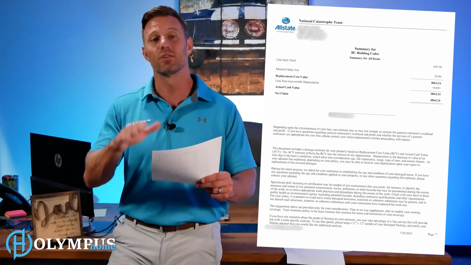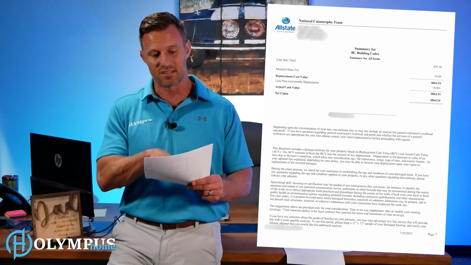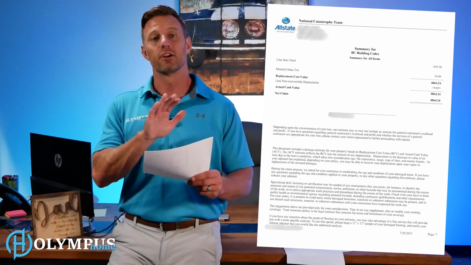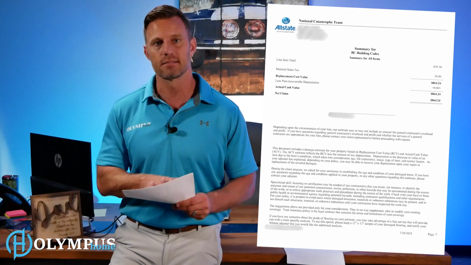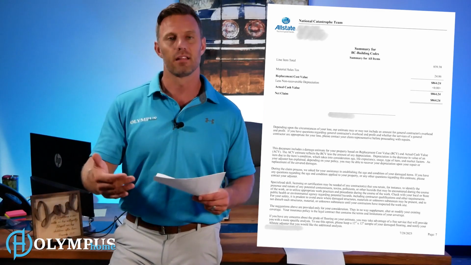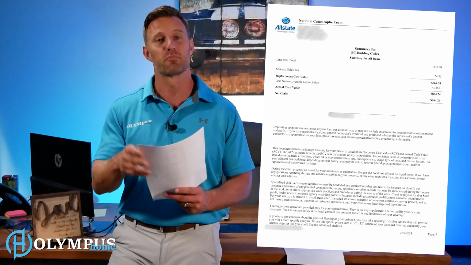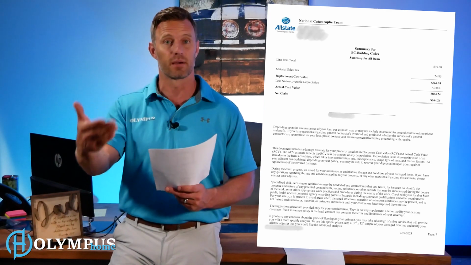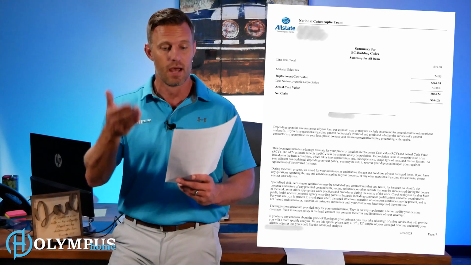In that situation, what the insurance company is saying with this summary for building codes is that they're not paying for this unless the contractor does it and submits it as part of the final invoice and letter of completion. When they have proof that the building code upgrade has been completed, in this case applying drip edge, then the remaining payment, that building code upgrade amount, will be included in that final payment. And that essentially kind of breaks this down.